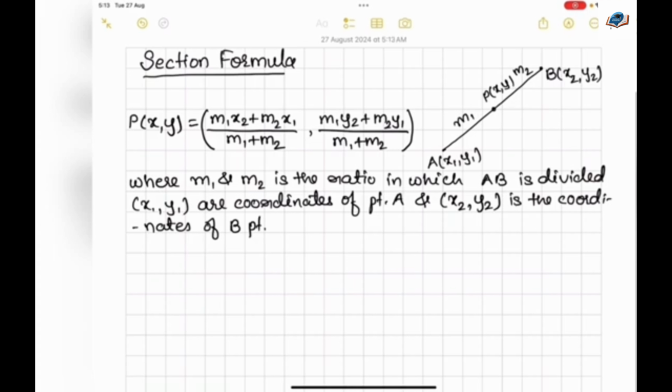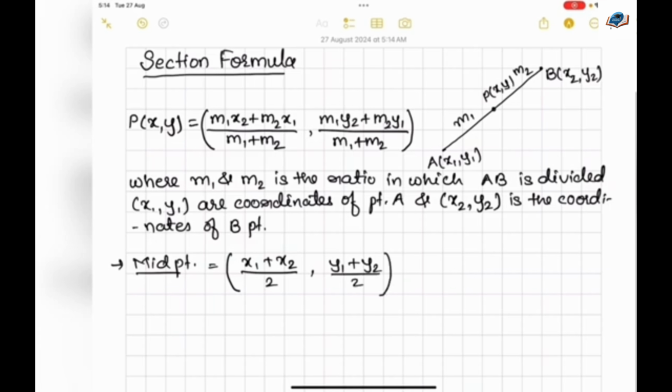Suppose, there is a special case also, if it is a midpoint. So for finding midpoint, the formula will change to ((x1 plus x2) upon 2, (y1 plus y2) by 2).